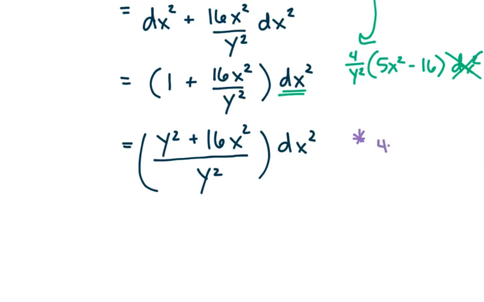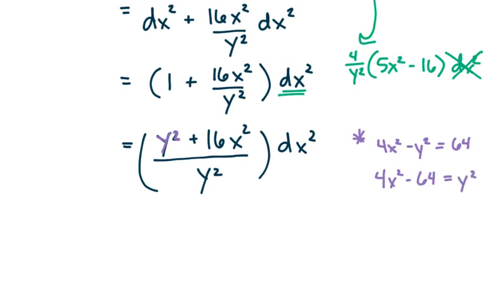All right, now at this point we want to keep in mind something that we were given. We were given 4x squared minus y squared is 64. So I don't like this y squared that I have in the numerator. I'm okay with having the y squared in the denominator because I can factor that out, but I need to get creative with this. So if we isolate this y squared, that's going to give us 4x squared minus 64 equals y squared.